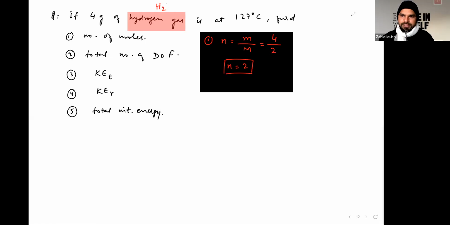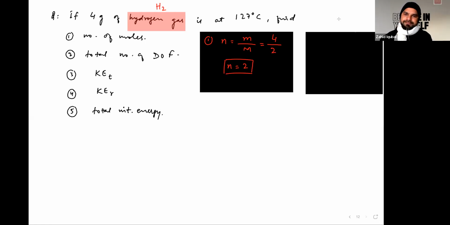Next, we have to calculate the total degrees of freedom. Since hydrogen gas is diatomic, how many degrees of freedom will it have? 5.